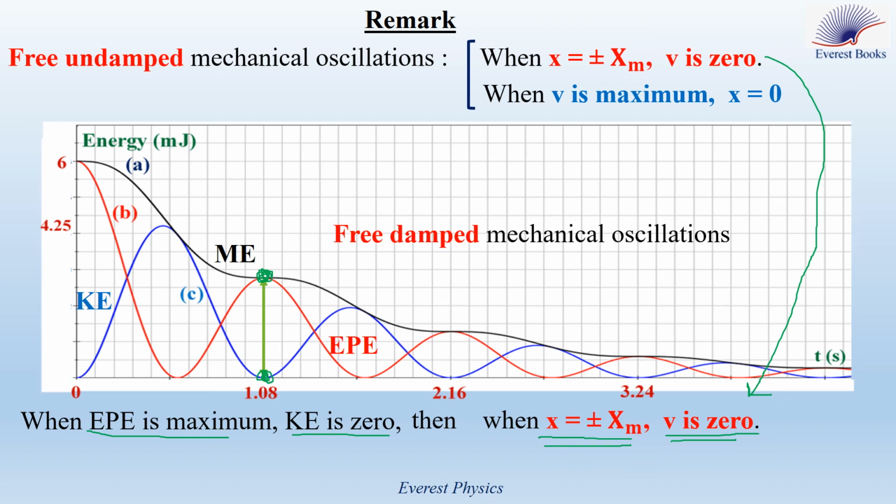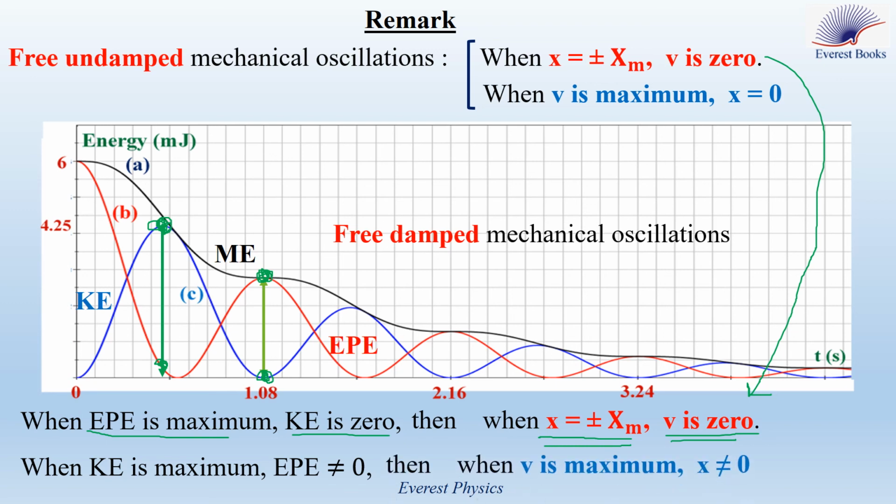Let's move to the second part of the remark. Observe. When KE is maximum, EPE is not equal to 0. What does this mean? KE is maximum means v is maximum. EPE is different from 0, so x is different from 0.